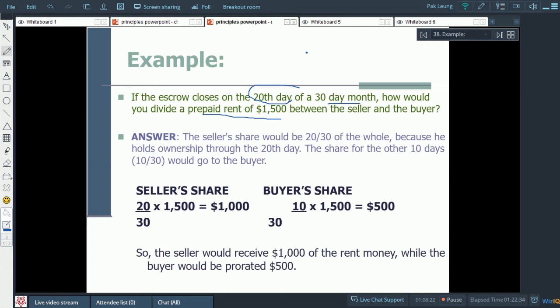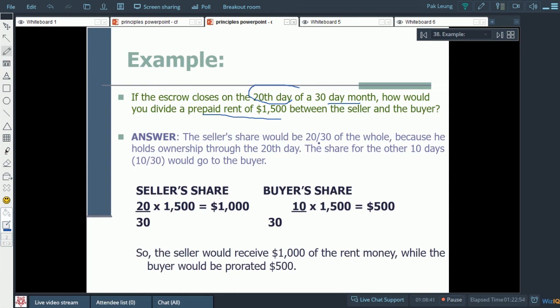Alright, let's do example, okay? If the escrow closes on the 20th day, okay, on a 30-day month, okay, how would you divide a prepaid rent of $1,500 between the seller and the buyer?